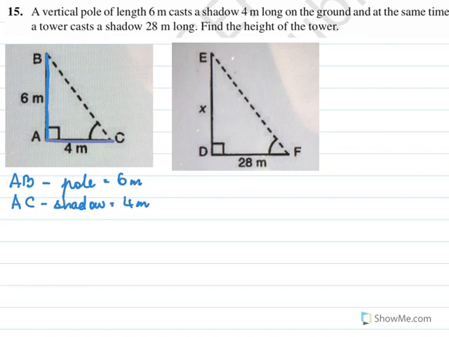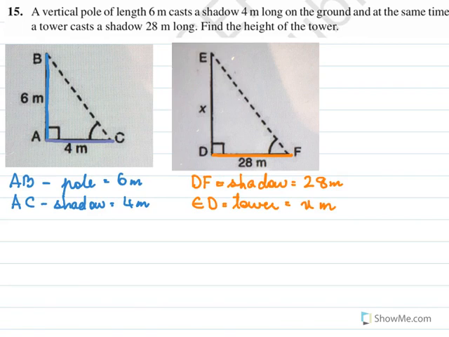And at the same time, a tower casts a shadow of 28 meters long. So here we have DF, which is the shadow. So DF is the shadow of the tower, which is equal to 28 meters, and ED represents the tower, which is x meters.